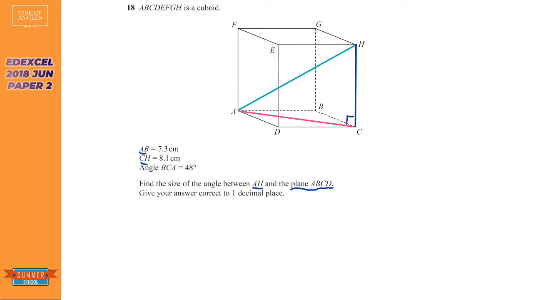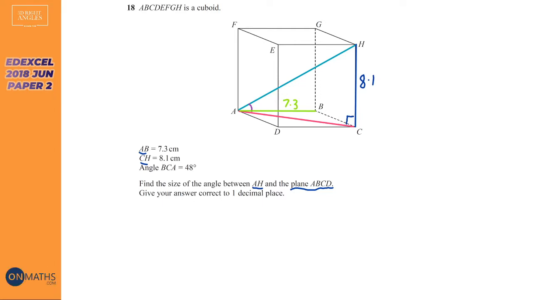CH is useful because that's 8.1, so that will be useful at the end of this question, and the question's all about this angle here. We are given length AB, and it says it's 7.3 at the back here.